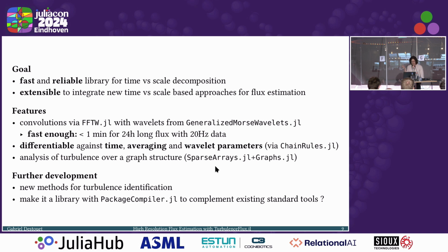In the future, it will be nice to get some new methods for turbulence identification. And as some people were saying, of course, we want to make it a library and integrate it into existing standard tools.